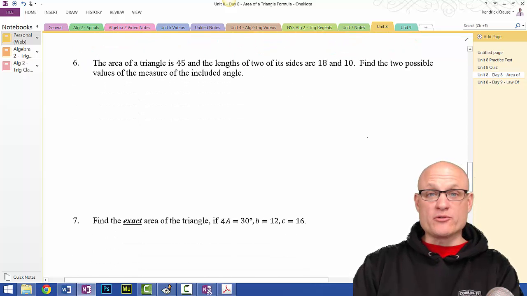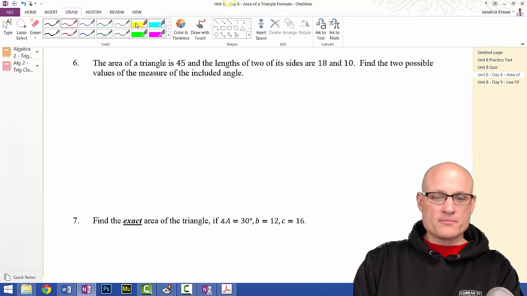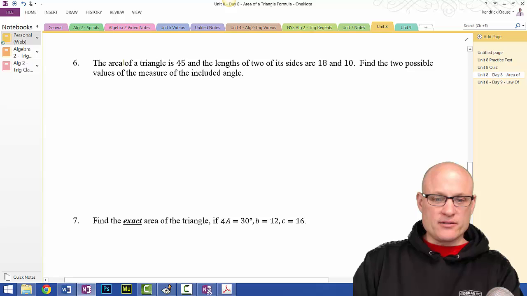Oh, another way we can use the area of the triangle formula. Notice here what's going on. They're giving us the area, so they're telling us that the area is 45. They're telling us two sides. And they said find two possible values for the measure of the included angle.